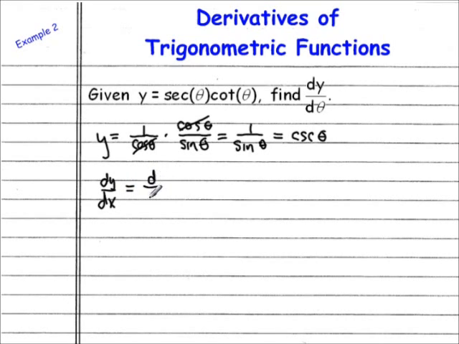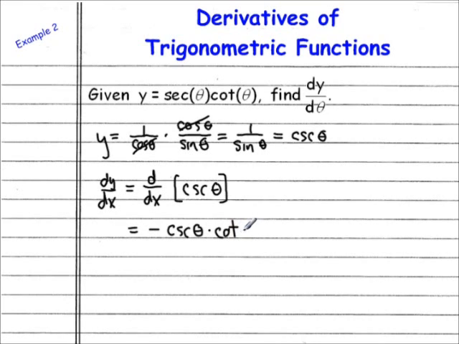dy d theta then is the derivative of cosecant of theta. Now remember, the derivatives of co-functions are always negative, so we have the negative of what? Well, it's the negative of the cosecant of theta times the cotangent of theta.